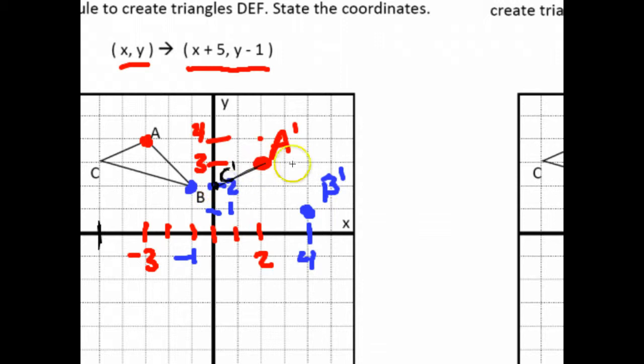Then connecting those 3, we make our new triangle. Excellent. So that was pretty easy. That's how we take these and make a translation. So take this rule, see if you can translate it into the other one.